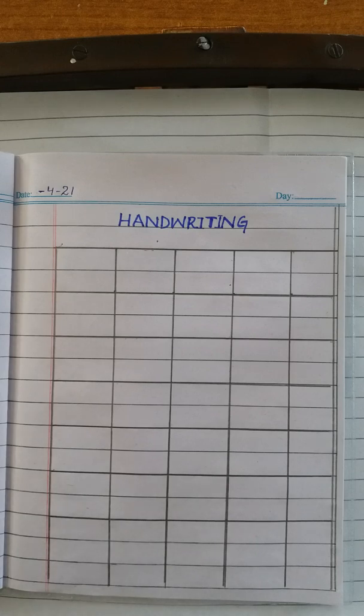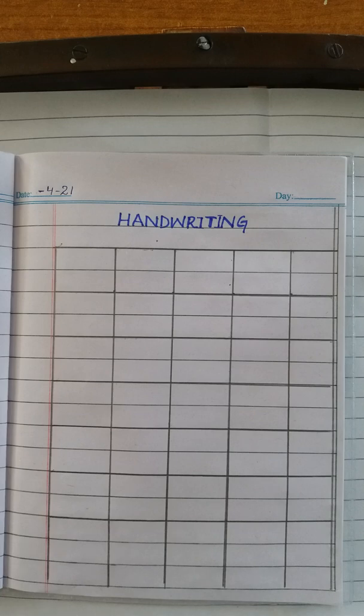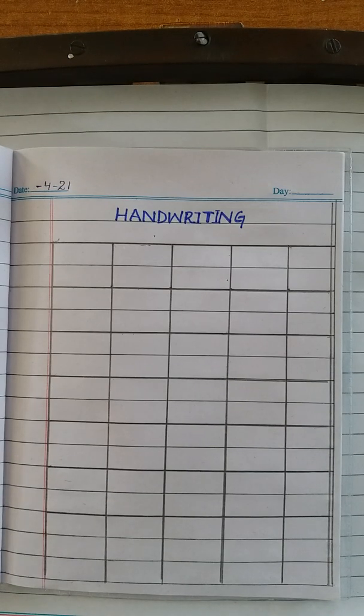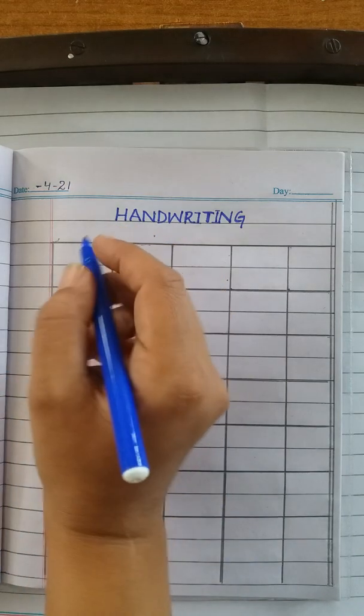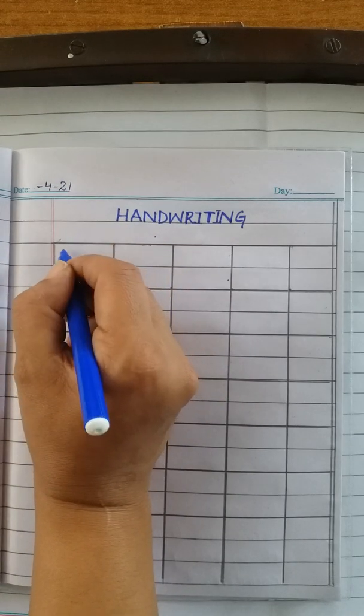After this, my next task is that I am going to write ABC, and first I am going to write the capital letters. Ready? Okay. Print writing, not joining.